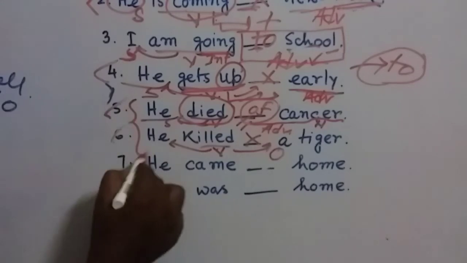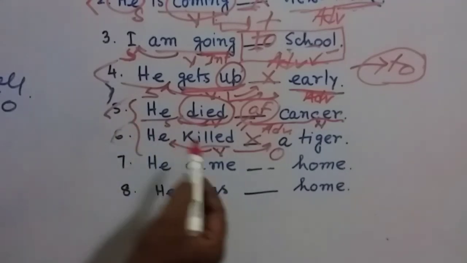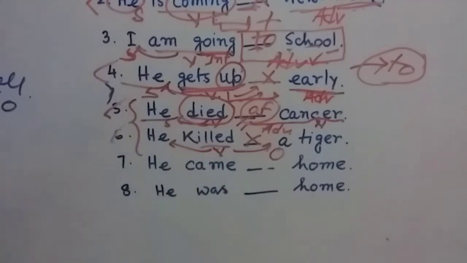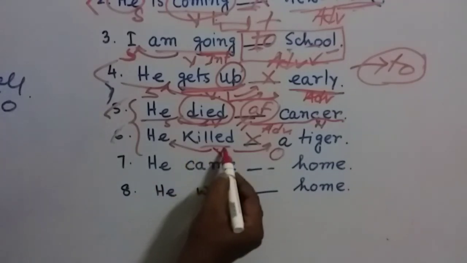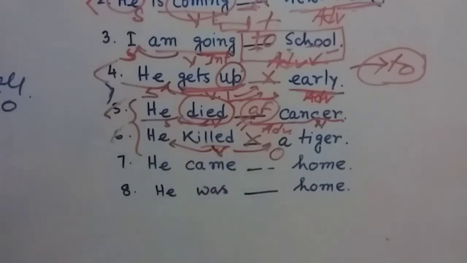That means we should not use any kind of preposition over here. Dear friends, think about these two words. Killing. Suppose a person is killing some other person by using a dagger. So obviously the other person who is being killed has to receive this dagger in his body. After that he will be dead. So my dear friends, it's always a transitive verb.